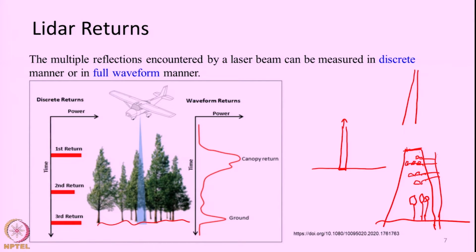This leaf will reflect some portion back, this leaf will reflect some portion back, this plant may reflect something back, and there can be some reflection from the ground. Essentially, the returns will not be a single return, but a kind of continuous wave, like what is represented here. With respect to time, it will vary. This may be the top single leaf, it can be a large canopy, then these can be small leaves, then again this is the ground.